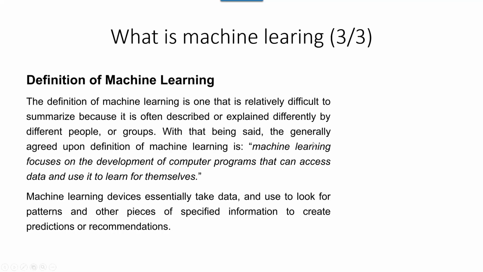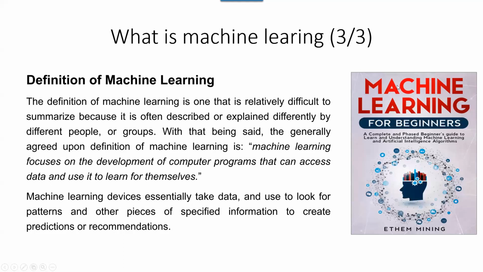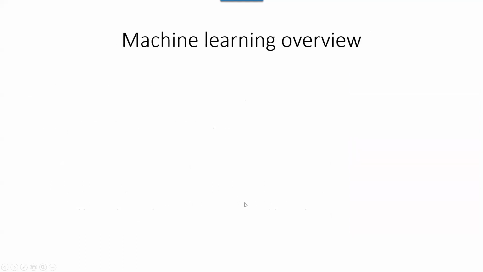With that being said, the generally agreed upon definition is that machine learning focuses on the development of computer programs that can access data and use it to learn for themselves. Machine learning devices essentially take data and look for patterns and other pieces of specified information to create predictions or recommendations. This definition is in this book.